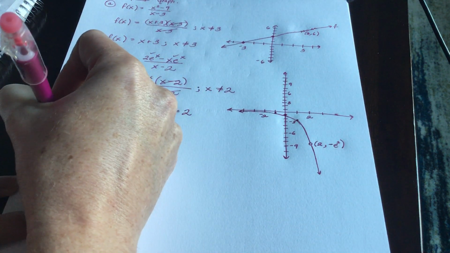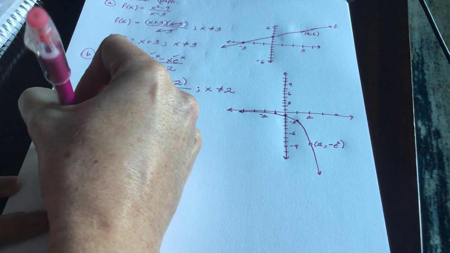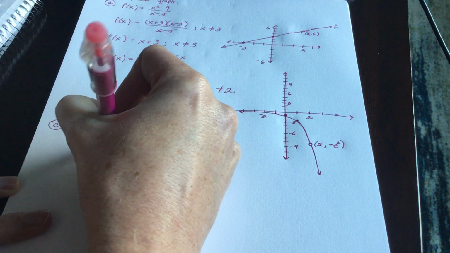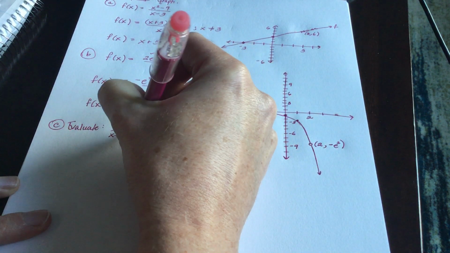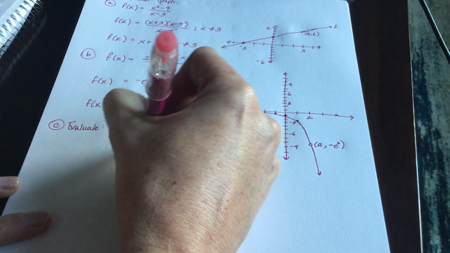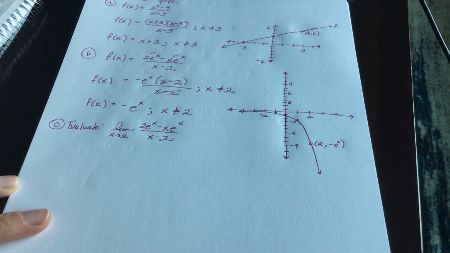Okay, and then for part C, let's have you evaluate the limit as x approaches 2 of (2e^x minus x e^x) over (x minus 2).